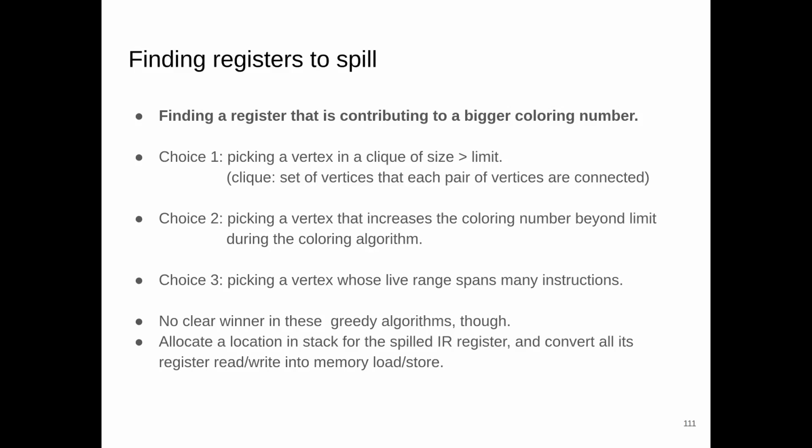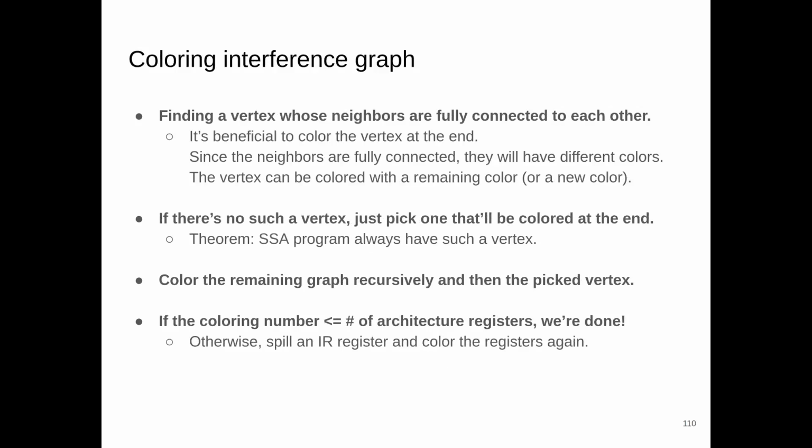Okay, there can be other algorithmic choices. For example, in the second algorithmic choice, you can just pick a vertex that increases the coloring number beyond the limit during the coloring algorithm. So recall that in the previous slide, you're going to use a new color when a vertex cannot be colored with the remaining colors.